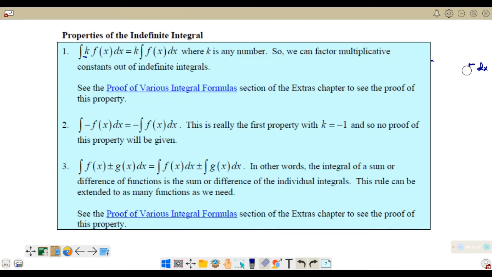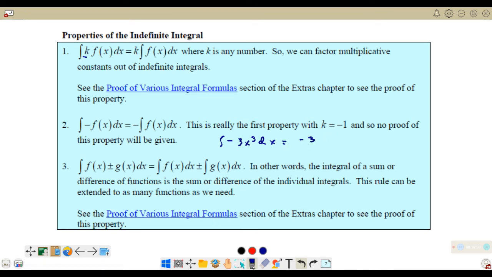Let's go to the next property. Next na property natin, we have, ayan. So, kung meron kang negative function, pwede mong i-factor out si negative na symbol. So, for example, meron kang negative 3x cubed dx. Pwede mo ilabas si negative 3.